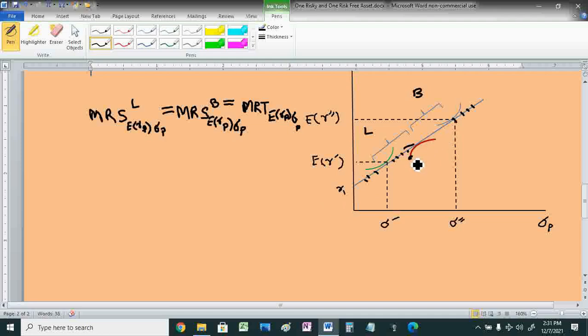In the absence of a risk-free security, this was the efficient point, but after a risk-free security becomes available, this becomes inefficient relative to a point which is vertically above this point, and so this portfolio is efficient in the presence of the risk-free security, and similarly for portfolios like this.